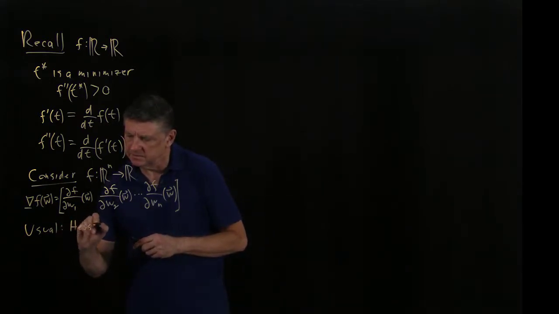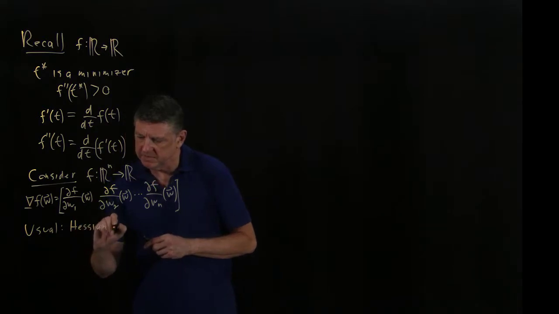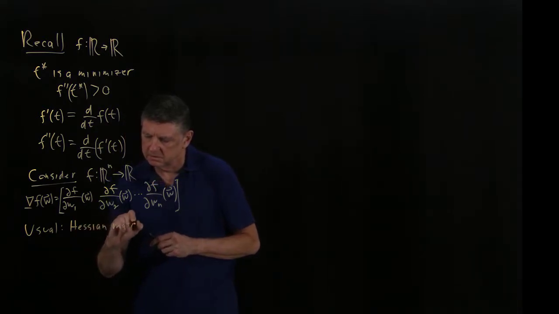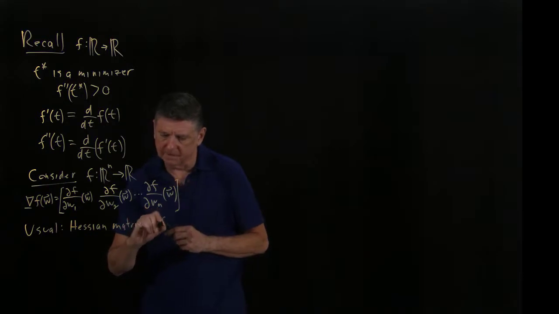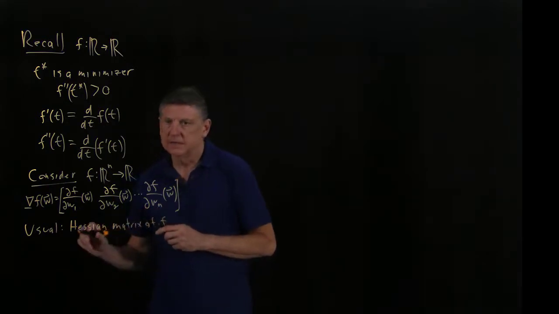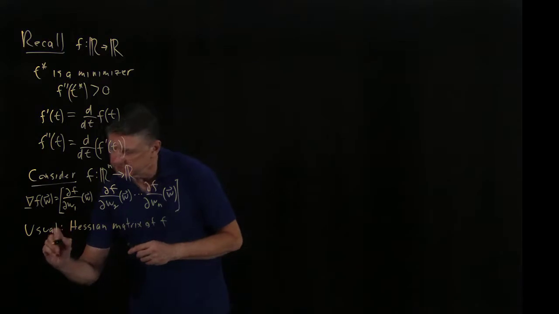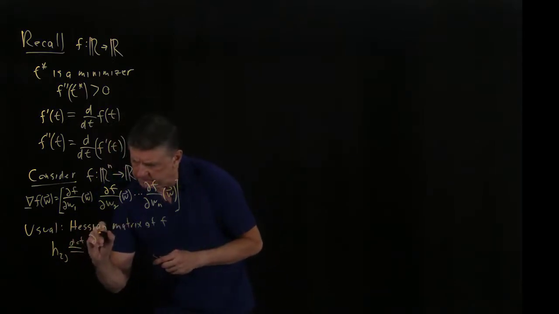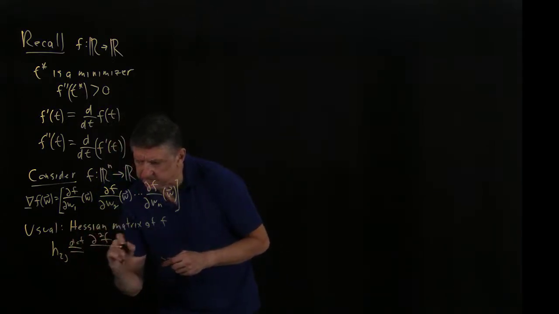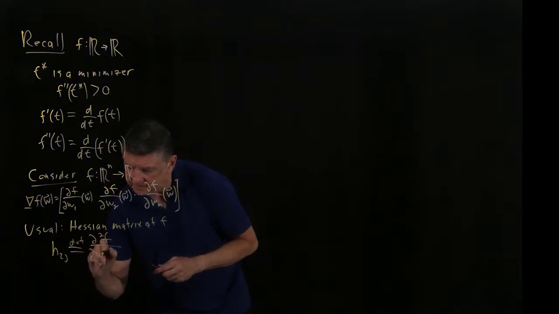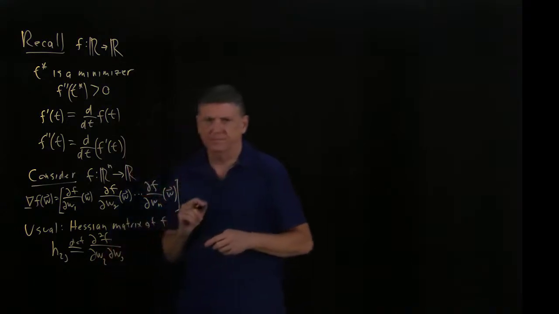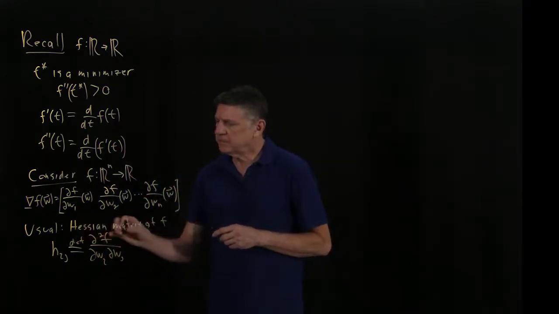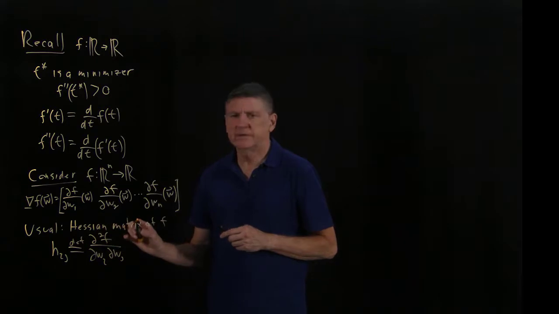And this is the Hessian matrix of a function. And this has entry h_ij defined as the second derivative of f with respect to component i, component j. So that's the usual definition.